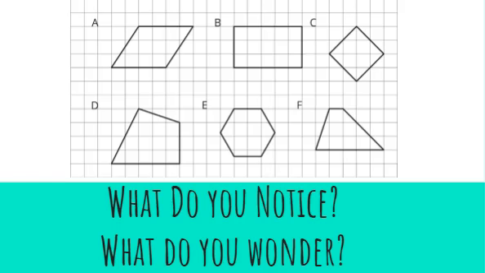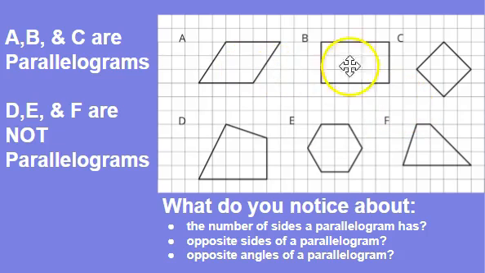Here we go. Take a look at these 6 shapes. Which of these are parallelograms? Okay, I hope that you said A, B, and C are all parallelograms, and D, E, and F are not.